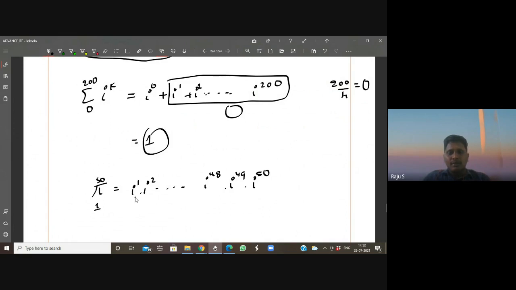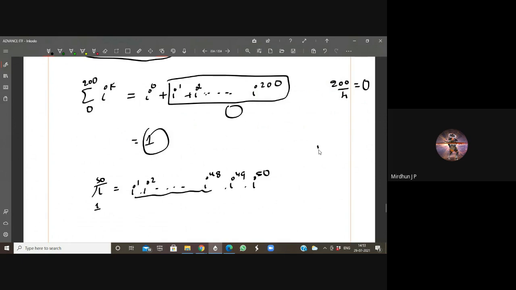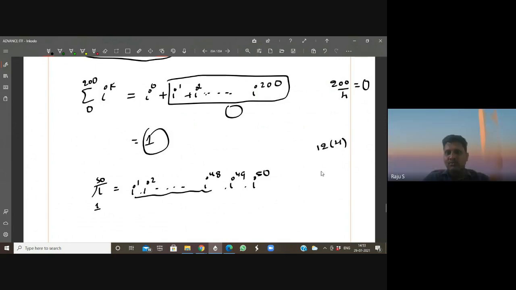Till 48, there are 12 groups of 4. The product of continuous 4 values becomes minus 1: i, i squared, i cubed, i power 4 gives minus 1. Then i power 5 to i power 8 is minus 1, like that the minus repeats 12 times.